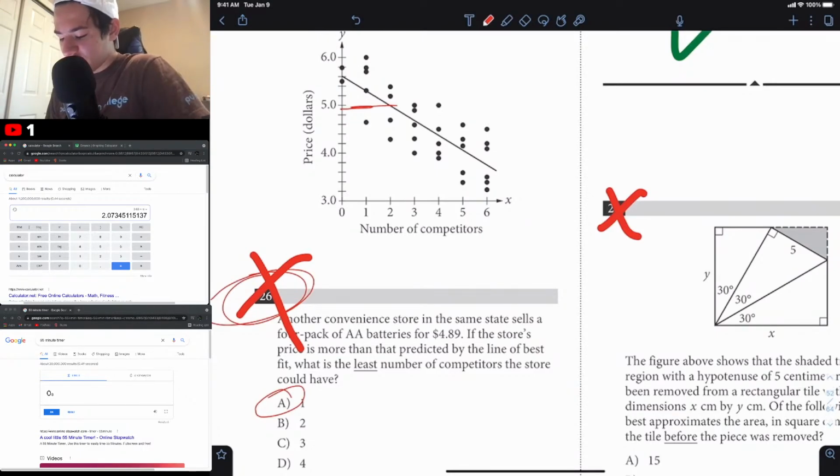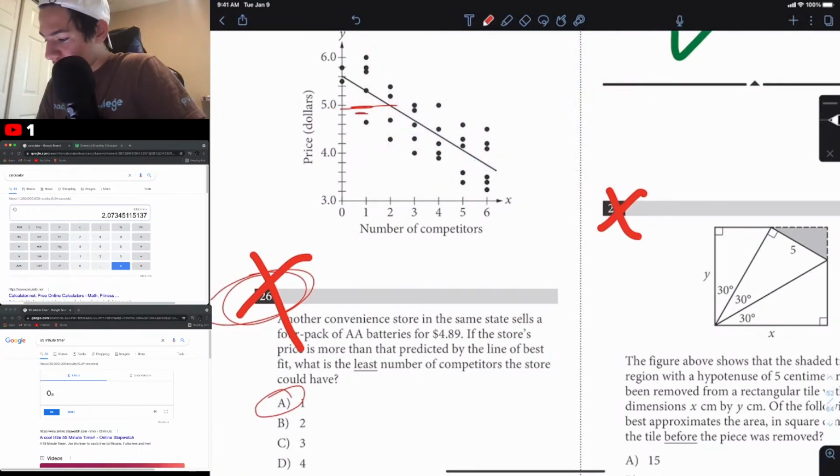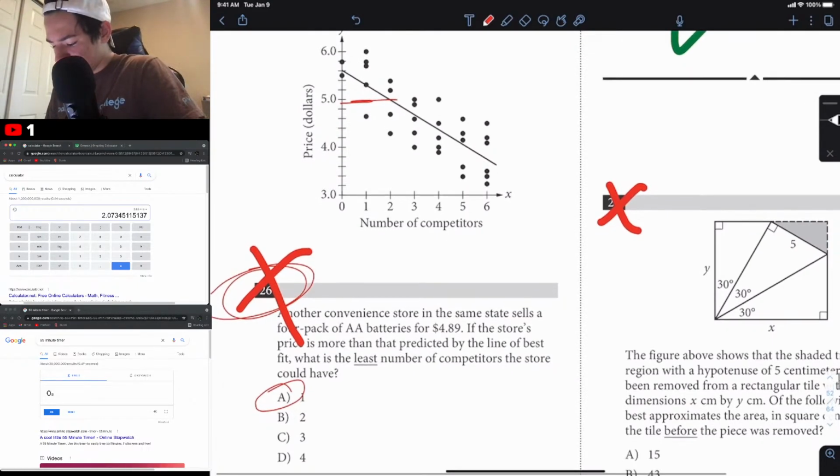If the store's price is more than predicted by the line, so 49, again, around here. It's about there. What is the least number of competitors the store could have? I guess they're saying it's 3. I'm not sure why, but all right.